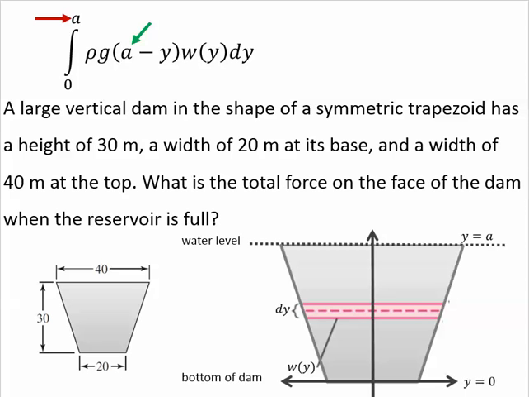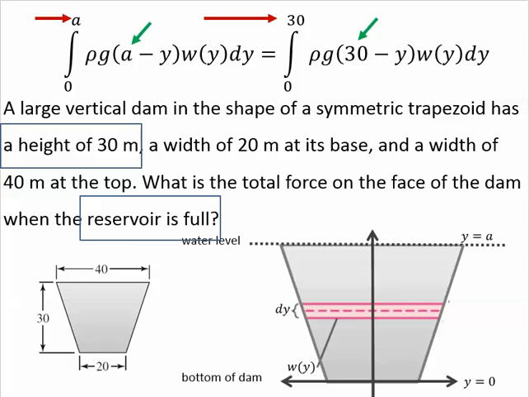So let's first figure out what our water level will be. The trapezoid has a height of 30, and the reservoir is full, so the water level goes all the way up to the top of the dam. So A is equal to 30.